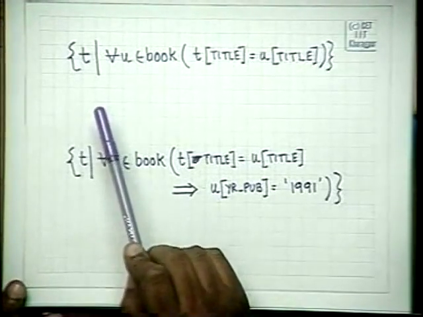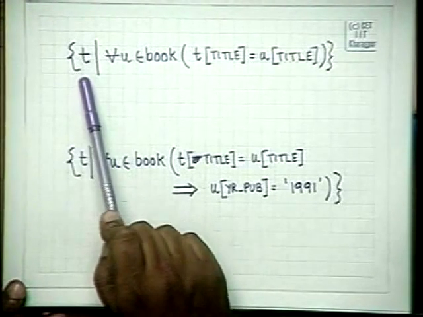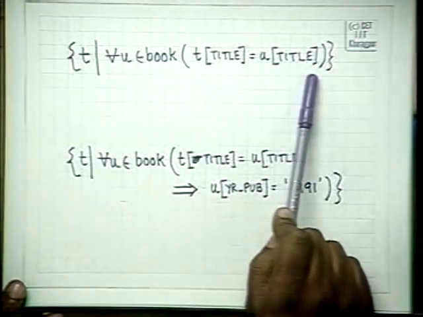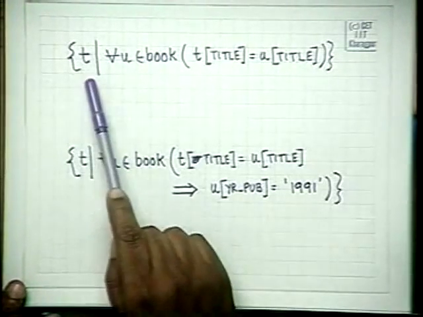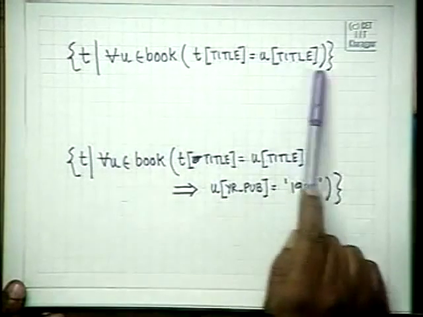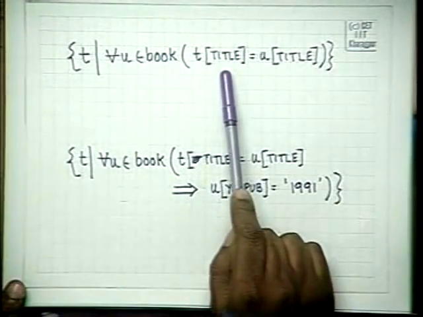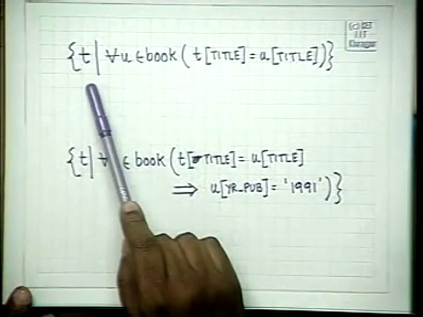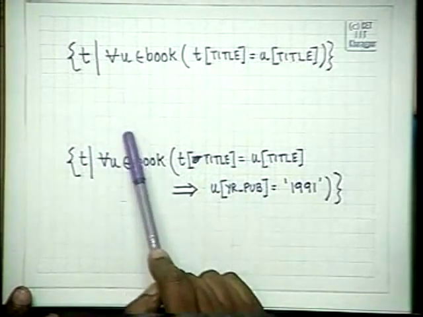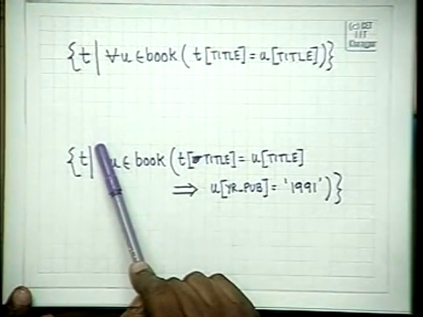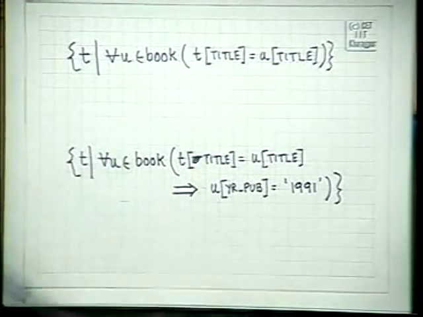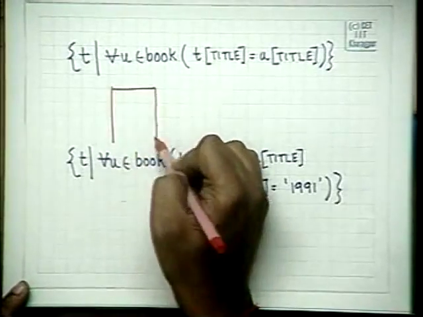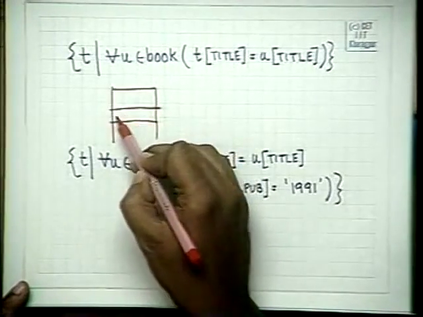Now what does this mean? For every tuple in T, this relation must hold. For each and every tuple in T, this relation must hold. Firstly, T has got only one attribute, title. So T will be a relation corresponding to a set of titles of books. Now take any tuple in T, so let it be the title compiler.